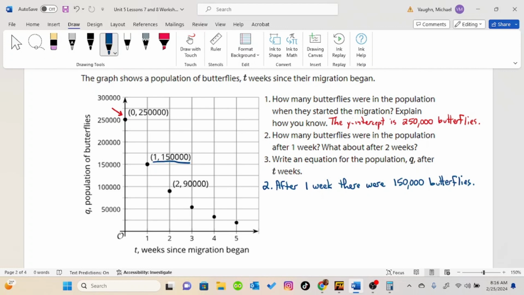What about after 2 weeks? We can find that at the next point, 2 weeks, 90,000 butterflies.